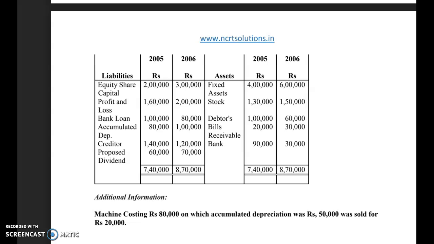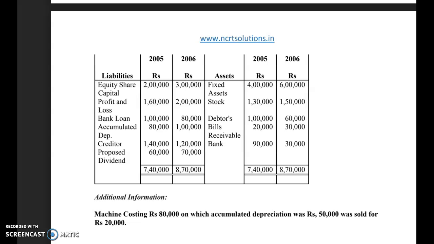Likewise, if proposed dividend appears on the liability side of the current year's balance sheet, it will be added back to profits under the heading cash flow from operating activities. So what is the difference between the treatment of provision for taxation and proposed dividend? For provision for taxation, the current year's provision will be added back while calculating cash from operating activities, and the last year's provision will be deducted under the same heading.